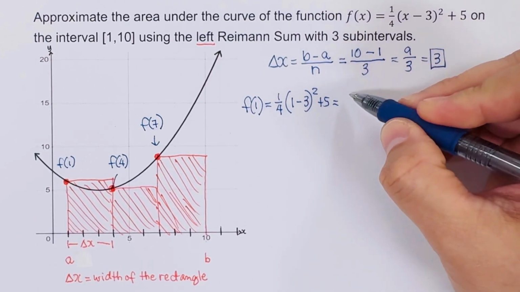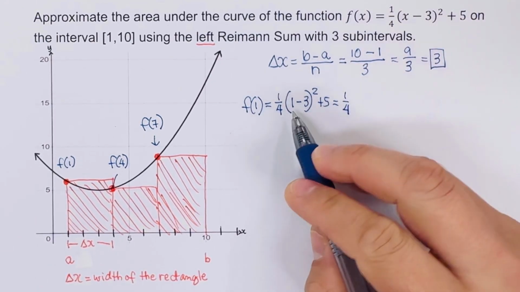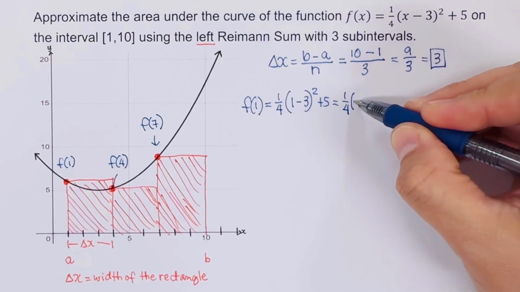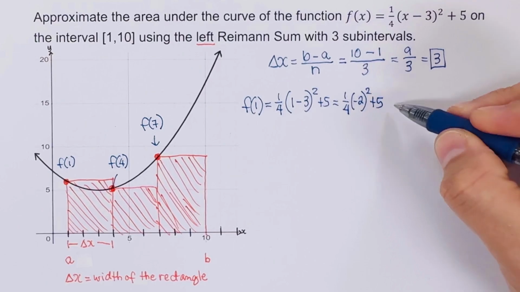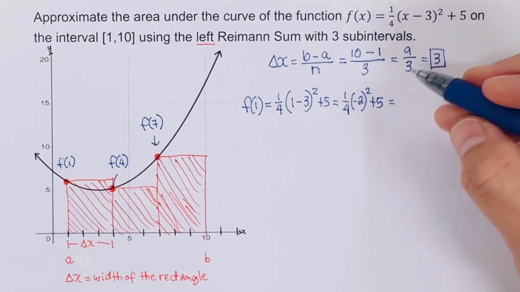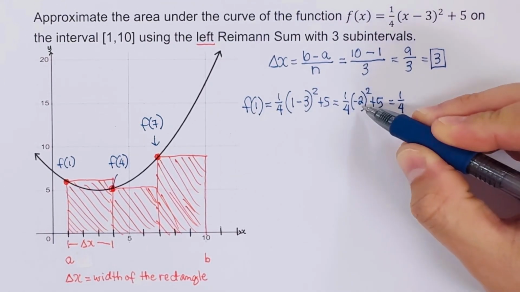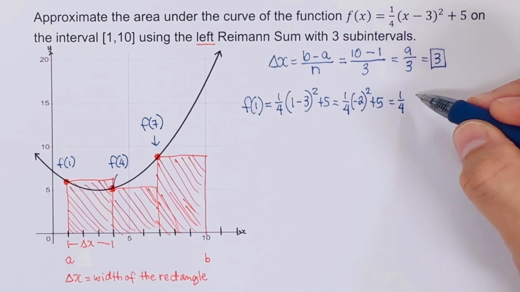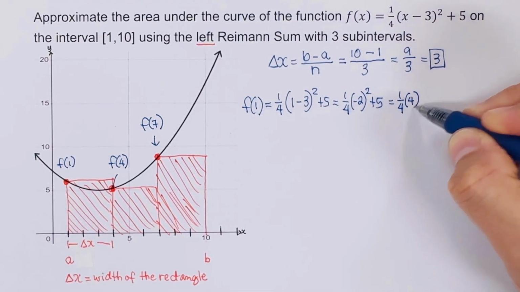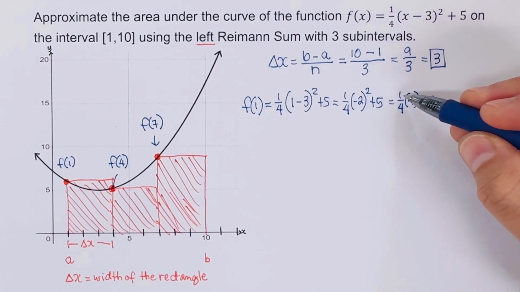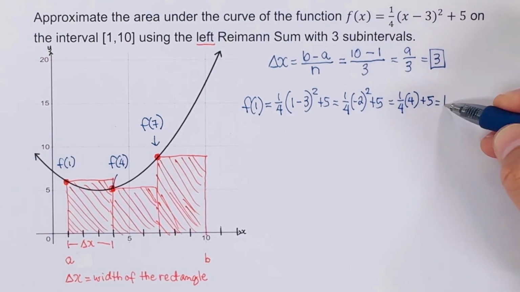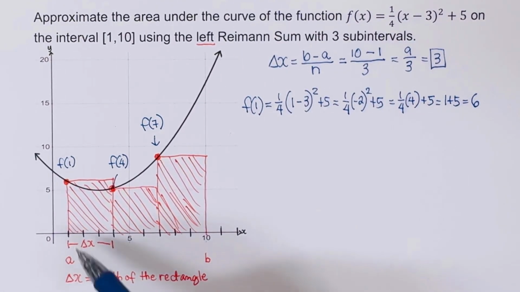So this would be 1/4 times 1 minus 3 is -2, squared, plus 5. And so we can simplify this further, which becomes 1/4 times -2 times -2 is +4, and then plus 5. So if we simplify this, 1/4 of 4 is 1, plus 5 is 6. So that is the height of this first rectangle.